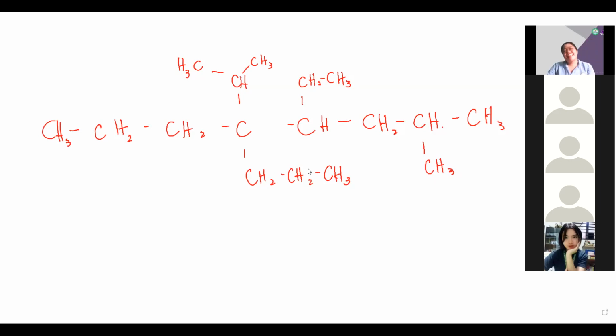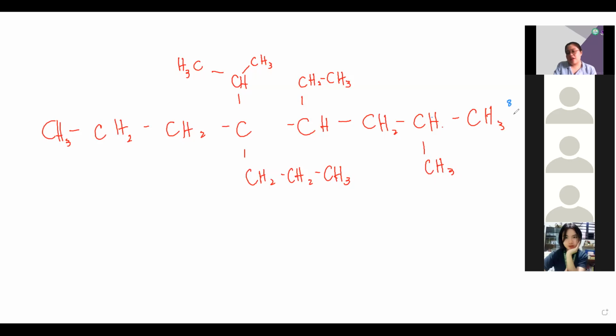Sige, let's start. Let's count first the parent chain, ha? Let me change the color of my pen. For the parent chain, let's try 1, 2, 3, 4, 5, 6, 7, 8.